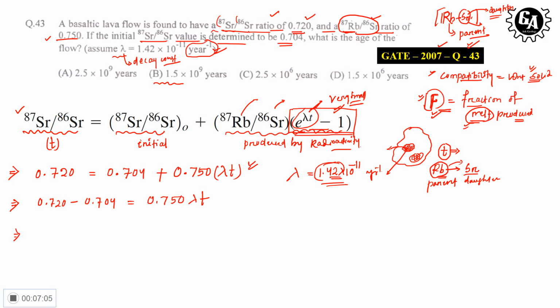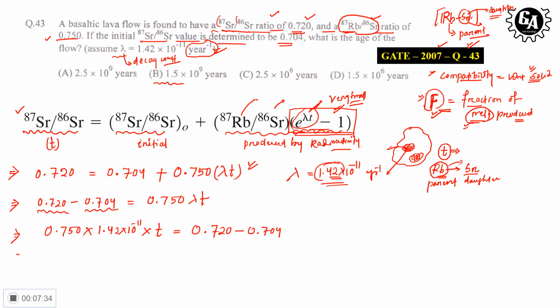Okay, now in this 0.750, what is the value of lambda given? 1.42 into 10 to the power minus 11, and t we have to calculate. Now this is 0.720 minus 0.704.